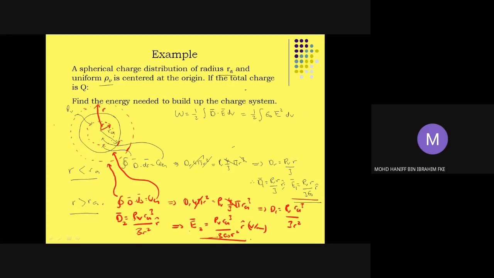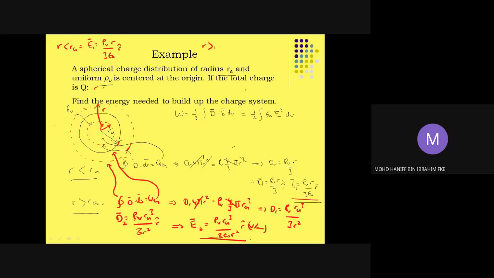So these electric field intensity values will be used to calculate the energy. I put it here that for R less than RA, we have electric field number 1, which will be rho v R over 3 epsilon naught, direction of R, volt per meter.